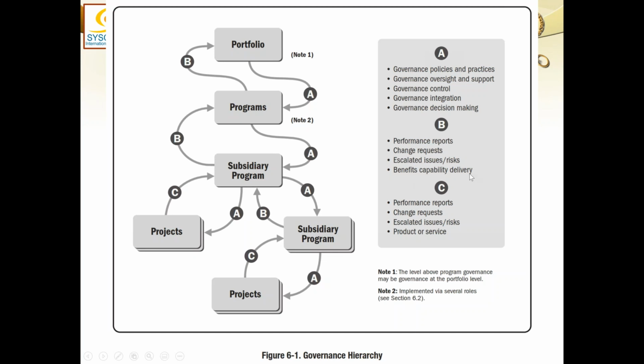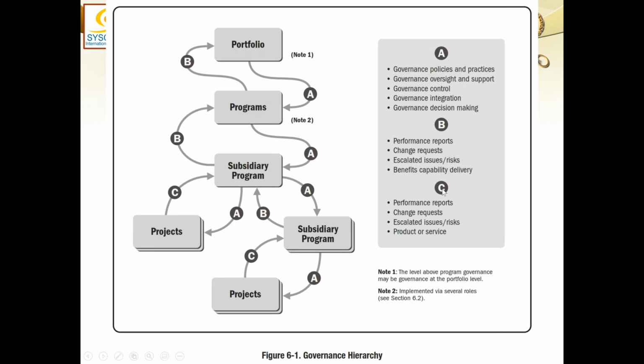So whatever capability you deliver is being sent back to the governance for governance review. If there is a change request, that goes up. If there is a performance report, that goes up, and all the escalated issues and risks go up.